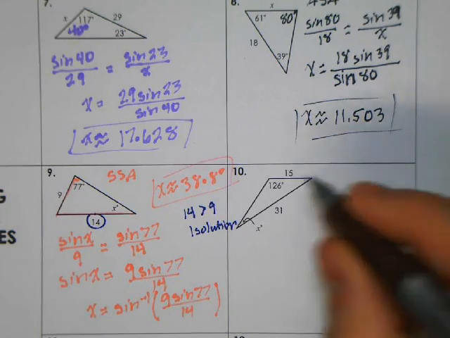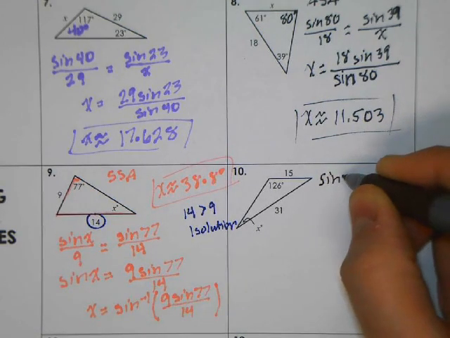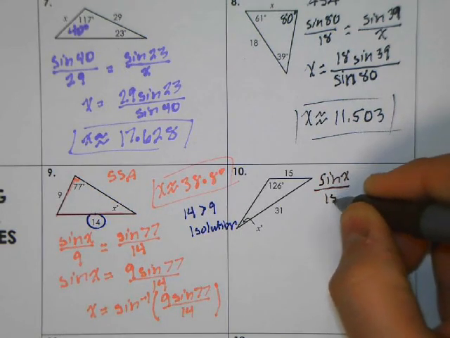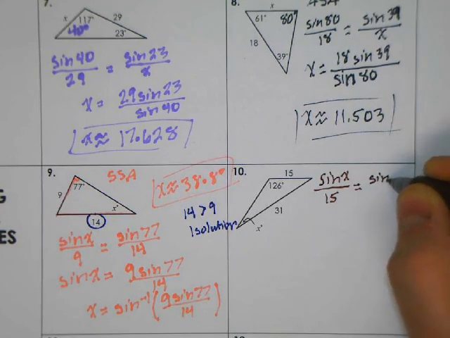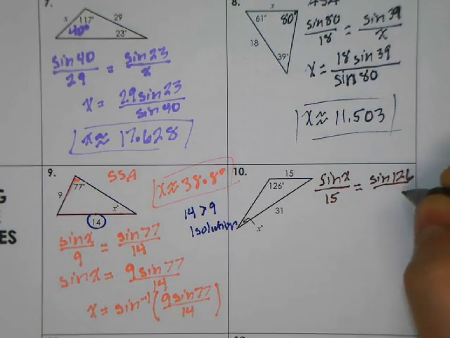So setting it up here, I'm going to say sine of x over the 15 will be equal to the sine of 126 divided by 31.